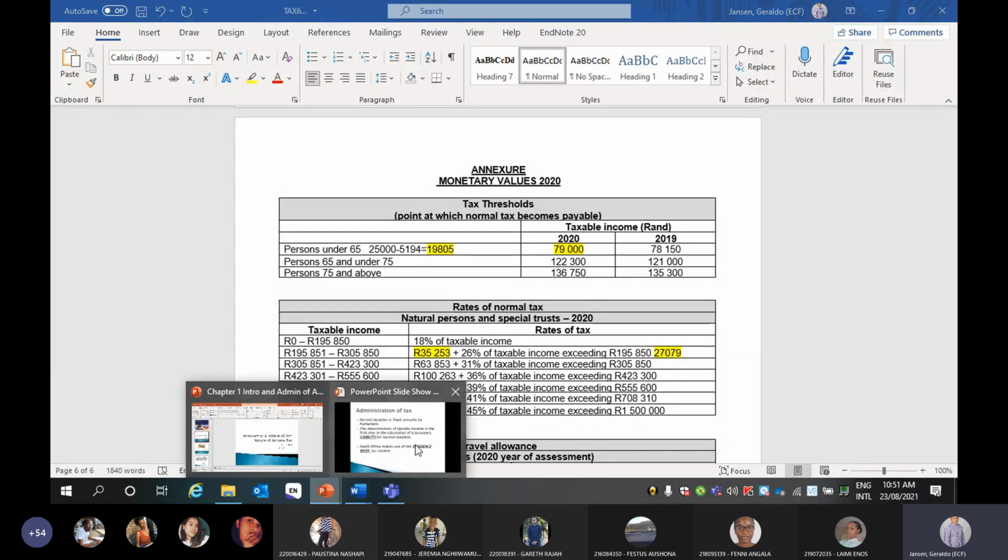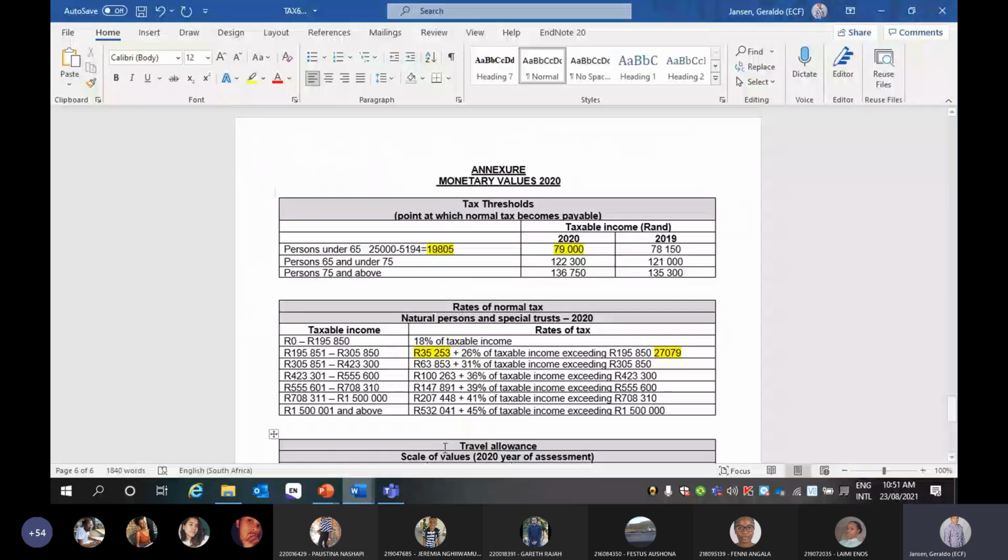Now guys, before I continue, I quickly want you to ask questions relating to this calculation that we just did. I just want to reiterate why I said 300,000 minus 195,850. If you look here, they say that person will pay 35,253 plus 26% of the taxable income exceeding 195,850.